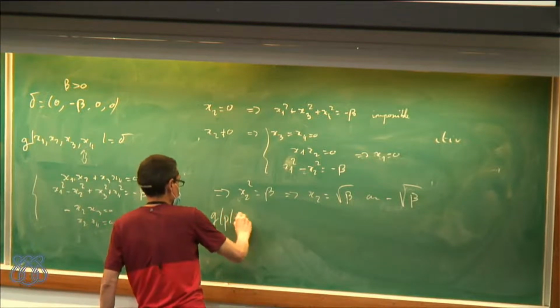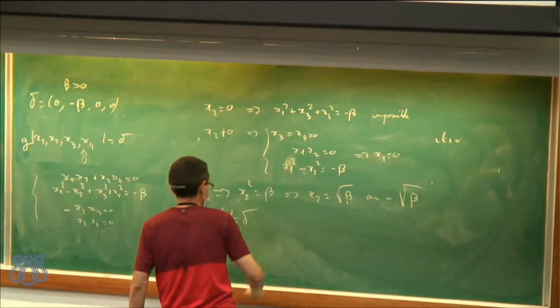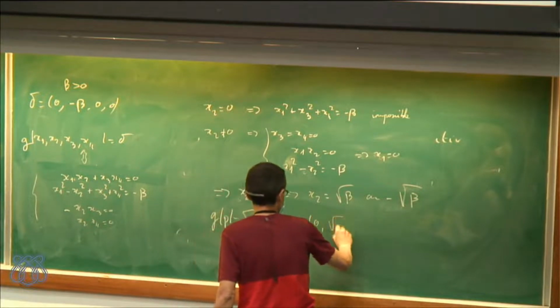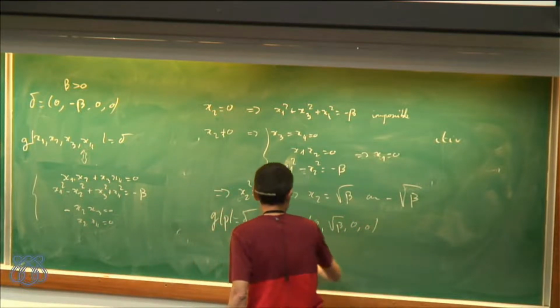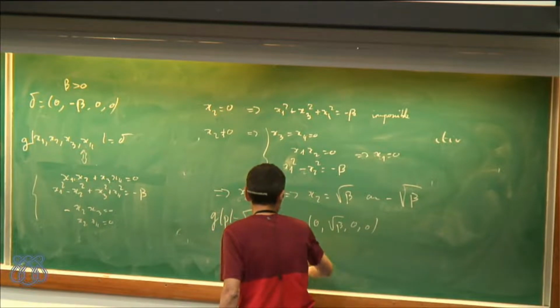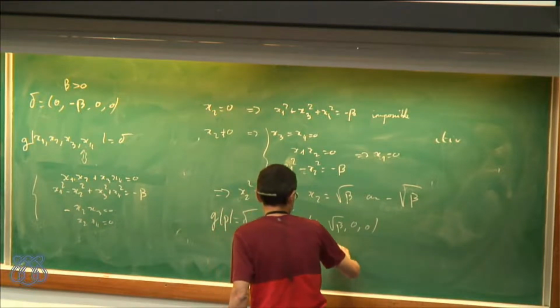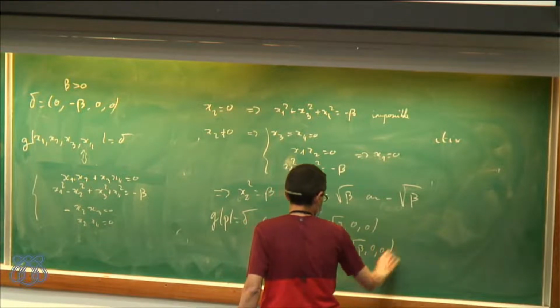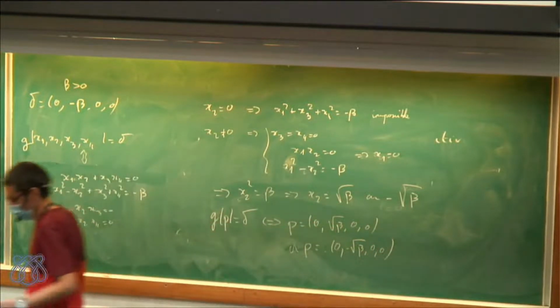G(p) is equal to delta. It is equivalent to p equals (0, square root of beta, 0, 0) or p equals (0, minus square root of beta, 0, 0).